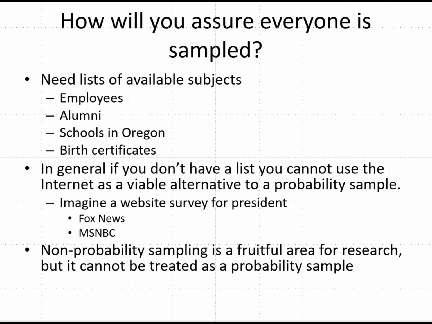Now, it may be possible to combine those two and look at the underlying demographics of the people and do some sort of non-probability sampling and research in that area. But you can't basically treat those as probability samples. It's different.